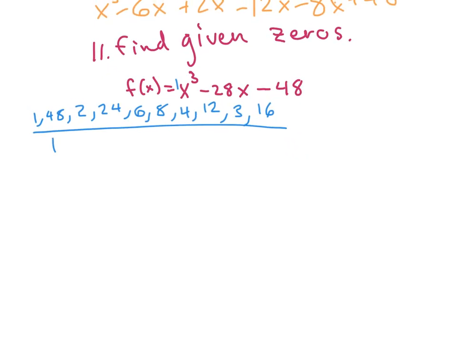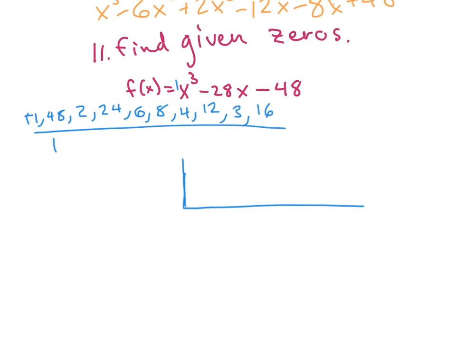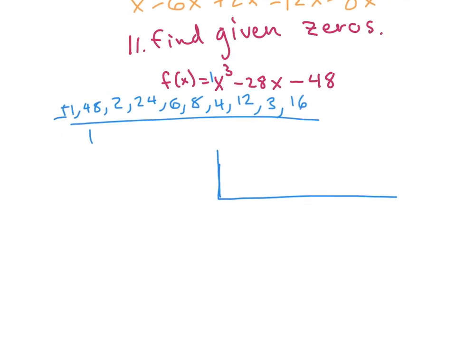Thank goodness. So to test them, we do synthetic division. What's going to go inside of our box? 1, 0, negative 28, and negative 48. Awesome. So all of our coefficients go inside the box, and we can't forget that we have a 0x squared here.